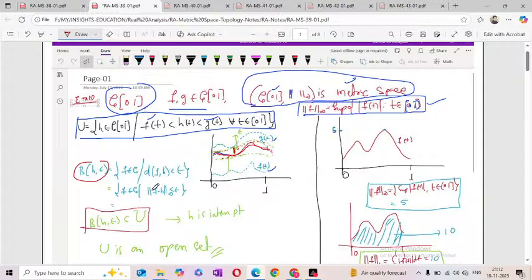That means the norm infinity of f minus h is less than epsilon.